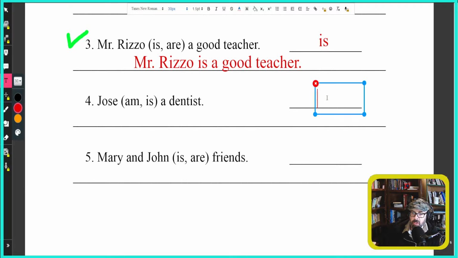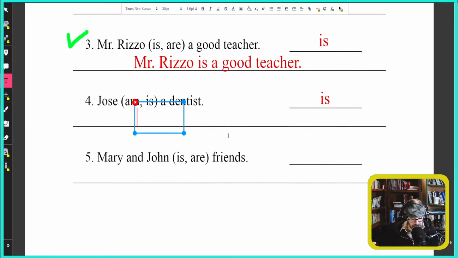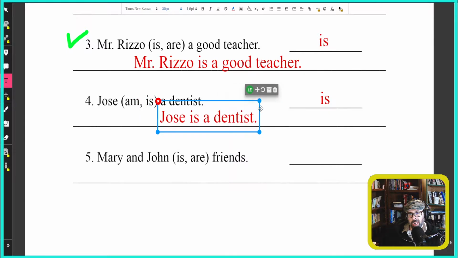Correct answer: Jose is a dentist. So correct answer, is. Writing the full, correct statement. Jose is a dentist. Now you may say, well, why is and not am? Jose is I.